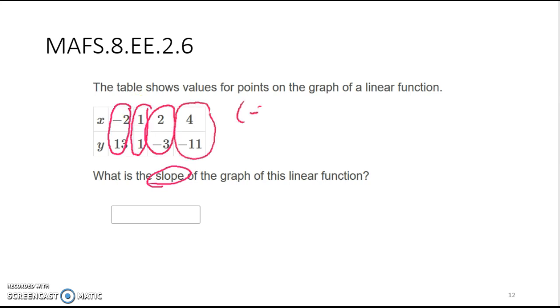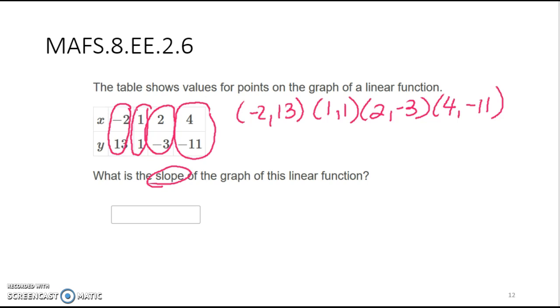So my coordinates would be -2, 13, 1, 1, 2, -3, and 4, -11. Remember, when I find the slope, all I need are 2 points. So I could pick any 2 of these points and plug them into my slope formula.